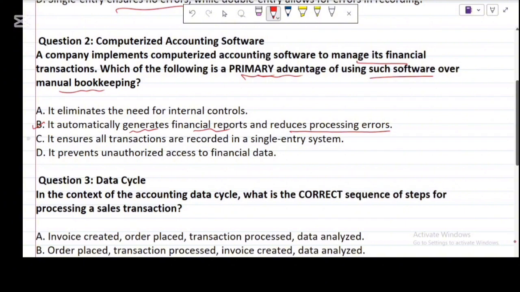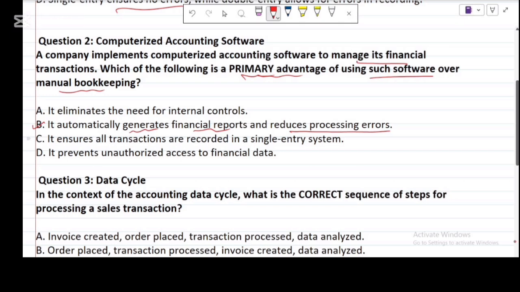You know that when you are using QuickBooks, Sage or similar software, these automate repetitive tasks like generating the cash flow statement. What I mean is producing the financial statements, including your statement of changes in equity, statement of financial position, and other things like trial balances and ledgers, saving time and improving efficiency. It also minimizes human errors in calculation and data entry compared to the manual system.